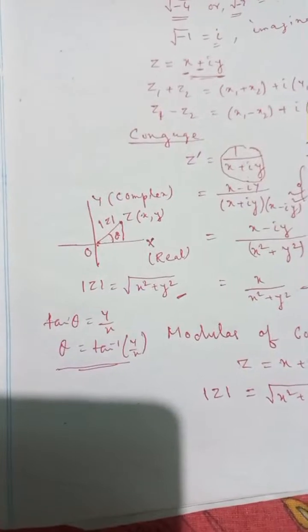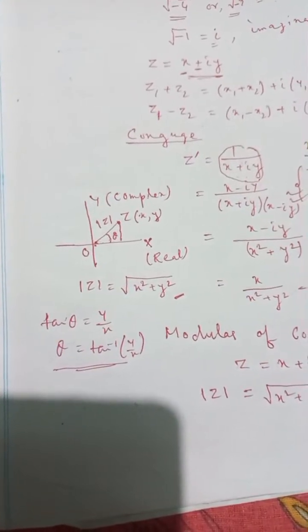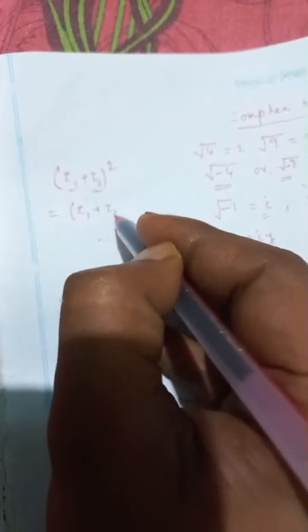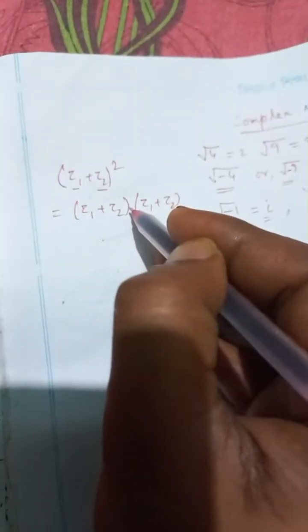Now, if we wish to know the value of z1 plus z2 whole square, where z1 is a complex number and z2 is another complex number, how can we calculate this? It is z1 plus z2 multiplied by z1 plus z2.